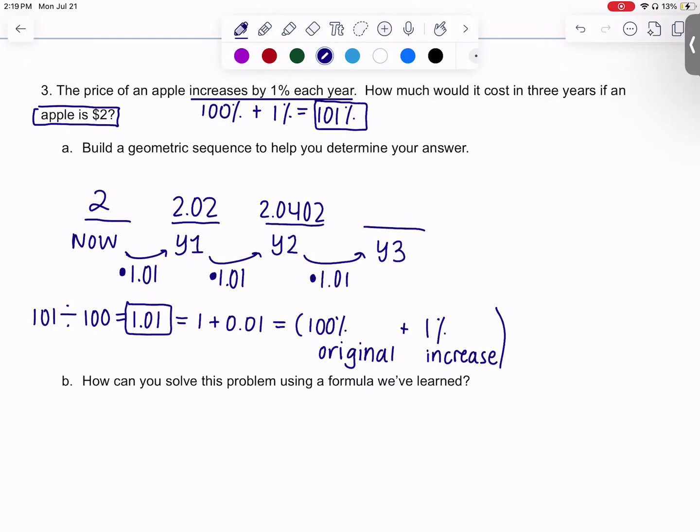Multiply that value by 1.01, 2.060602, $2.06 when we round, by year three, not by year three, sorry, 3 years from now.